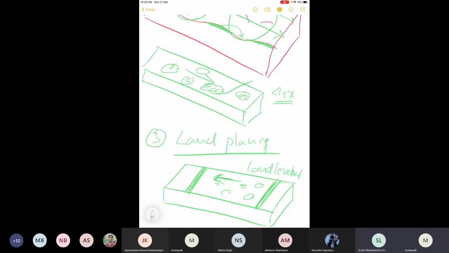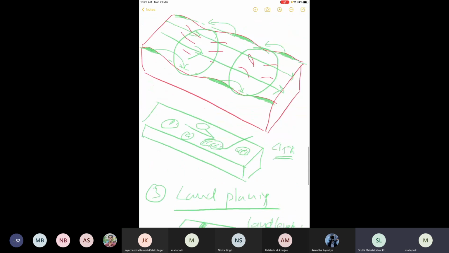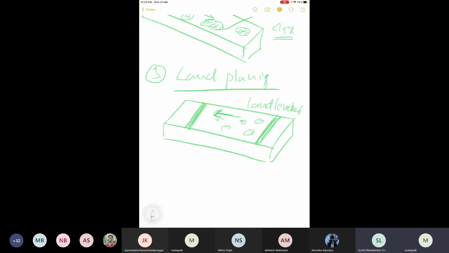The topography of the land surface is not going to be changed in this case, but in the previous case you are going to change the topography. In this case, the topography of the land will be the same. Basically, what we did here is smoothing of the land surface by eliminating minor depressions.